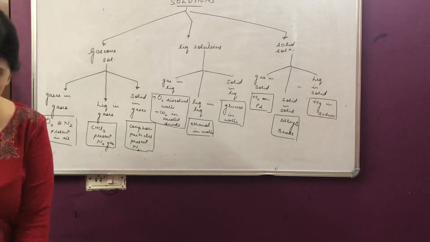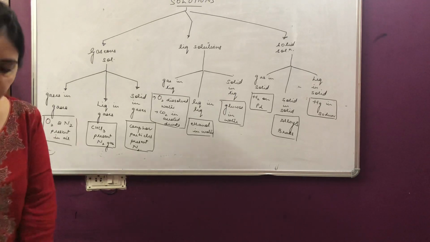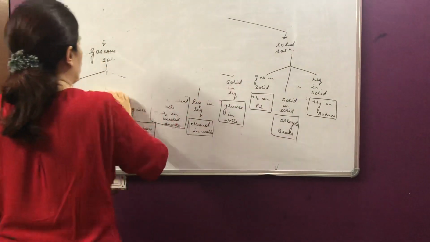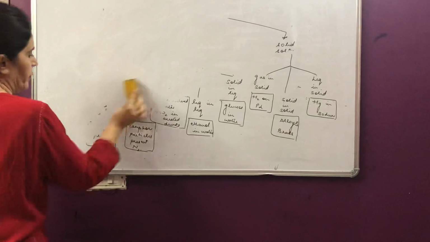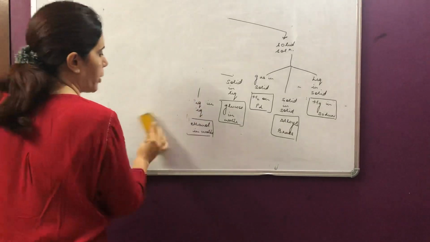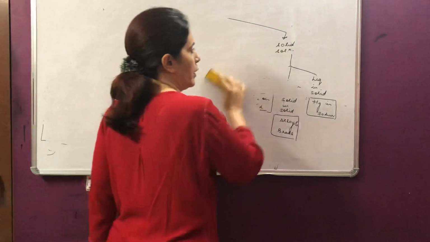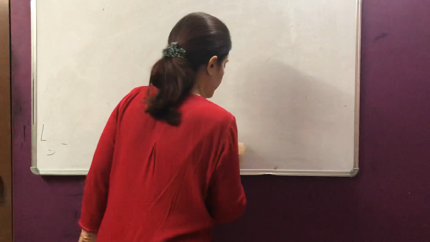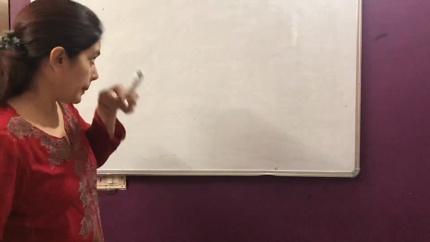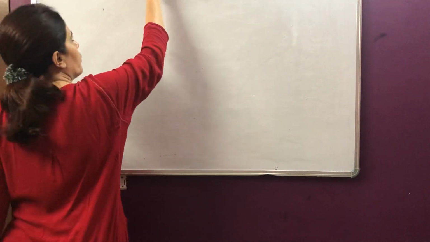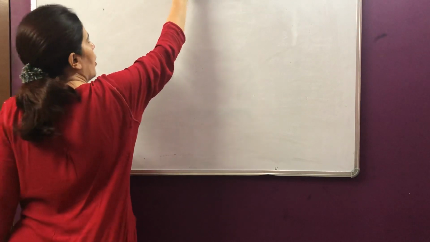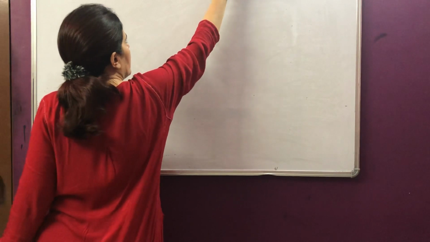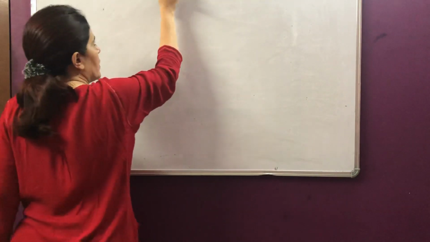So now let us come to the next topic, that is concentration of solutions. So what are the ways in which we can express the concentration of solutions? We have done a number of ways in chapter 1, some basic concepts of chemistry, that is mole concept, if you remember. So ways of expressing concentration.